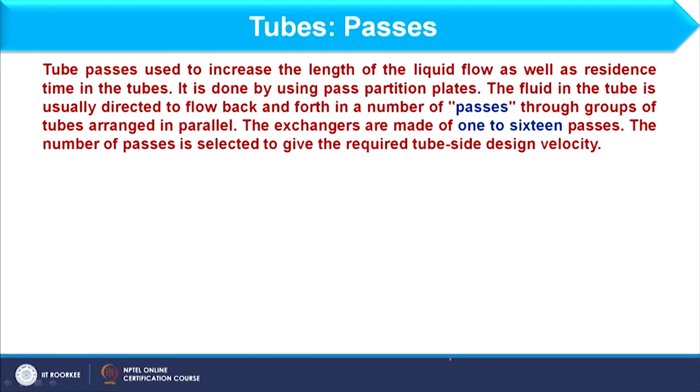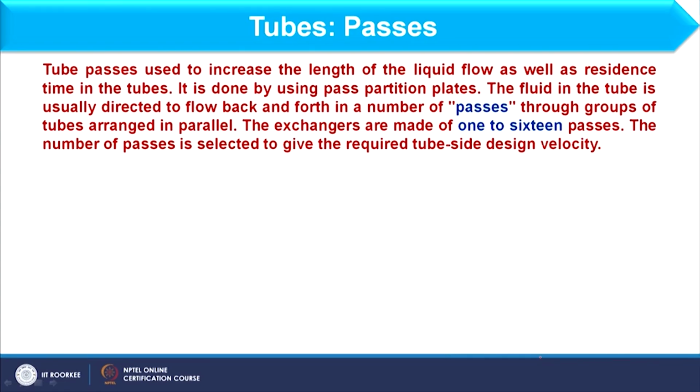Okay. If I consider tube pass, what is the meaning of this? Basically, I am dividing the fluid which is entering the tubes. Let us say I am having 100 tubes, the complete mass flow rate of fluid allocated to the tube side will enter the 100 tubes at a single time.